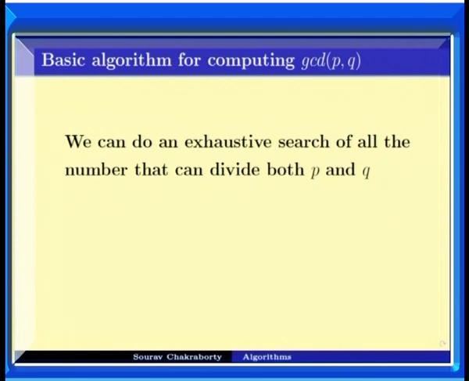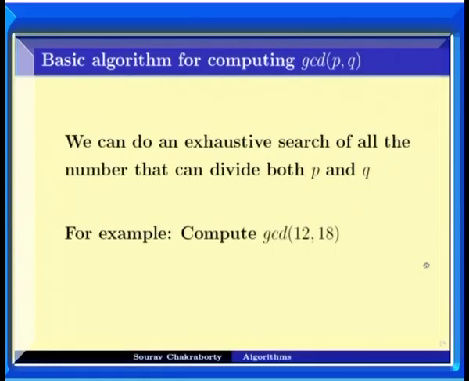In the last lecture we saw the most basic algorithm, which we can call the exhaustive search algorithm. So we will just revisit it again. So what do we do?